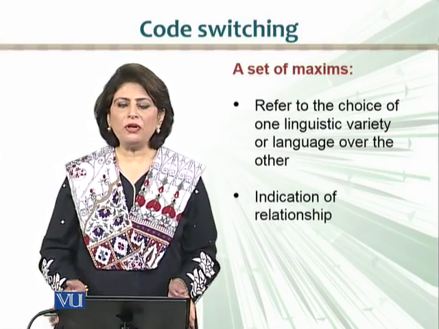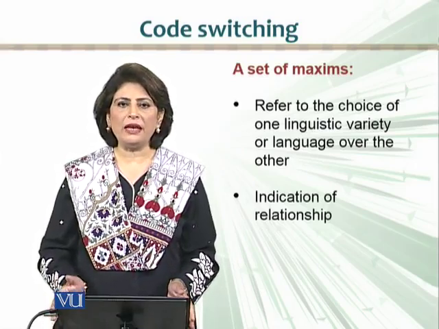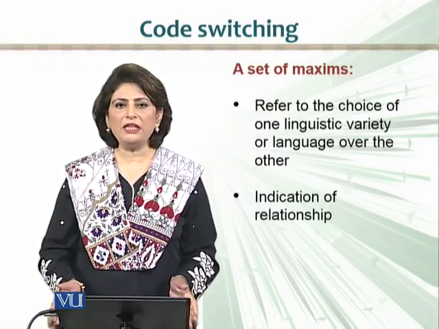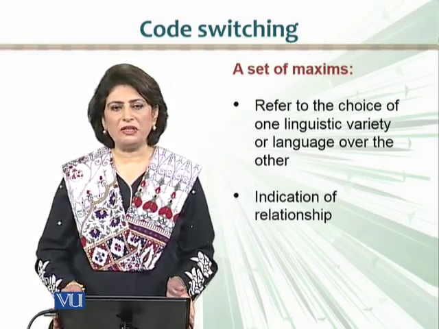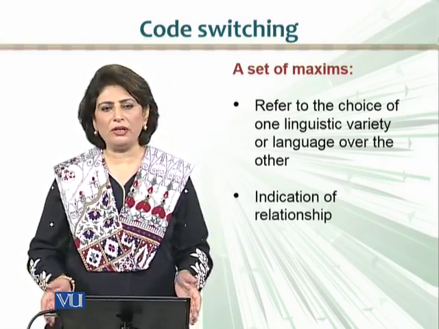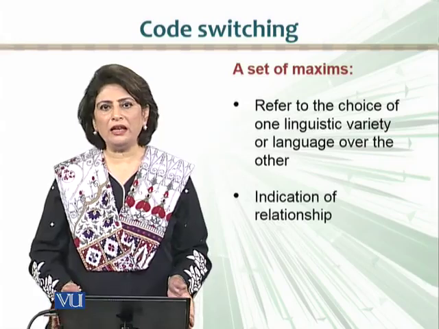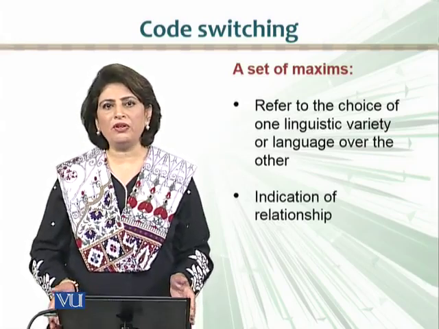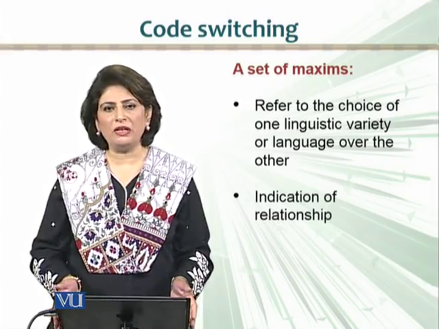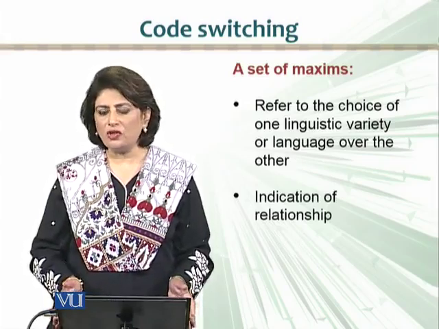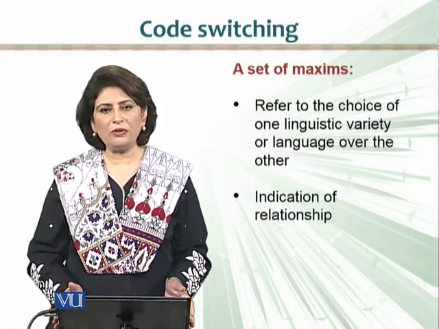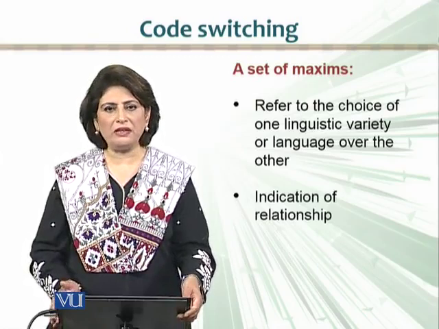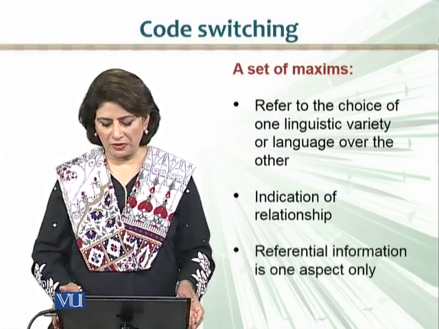So our code switching is actually an indication of our relationship. For instance, how many times have you been to a meeting which starts off in this official English language, and then towards the end of the meeting, people revert to Urdu or to the original language and they crack jokes. So again, this is sort of an indication of a dual relationship that exists between the speakers.